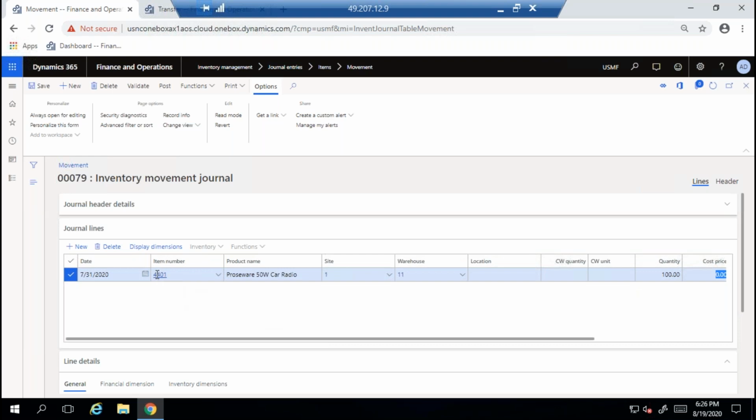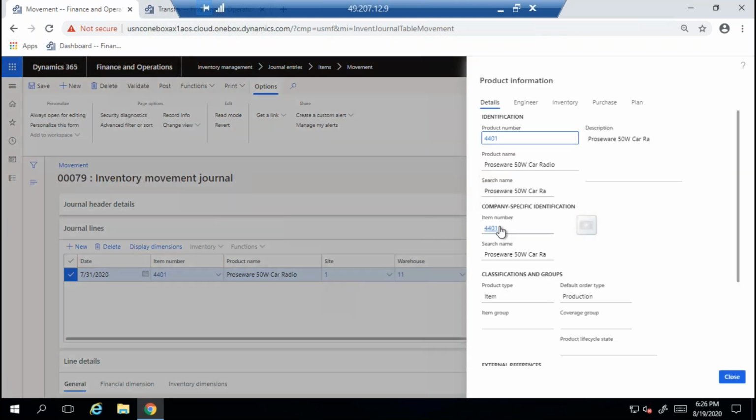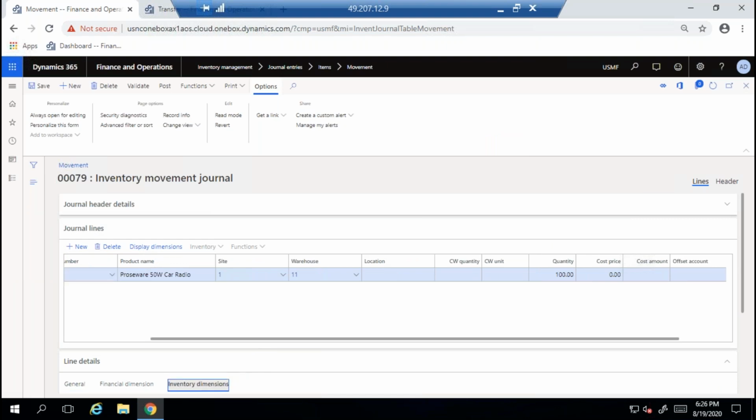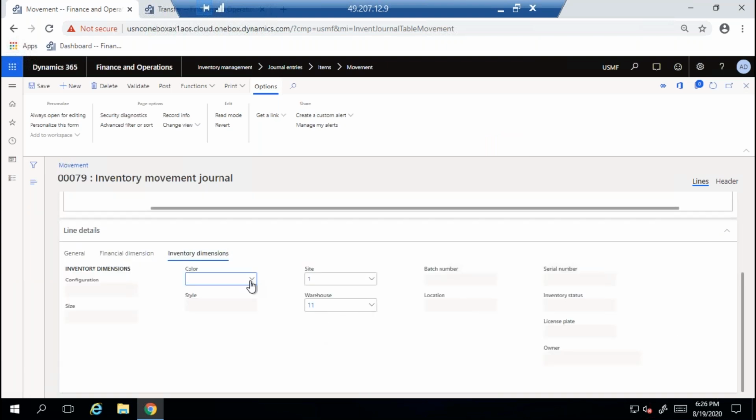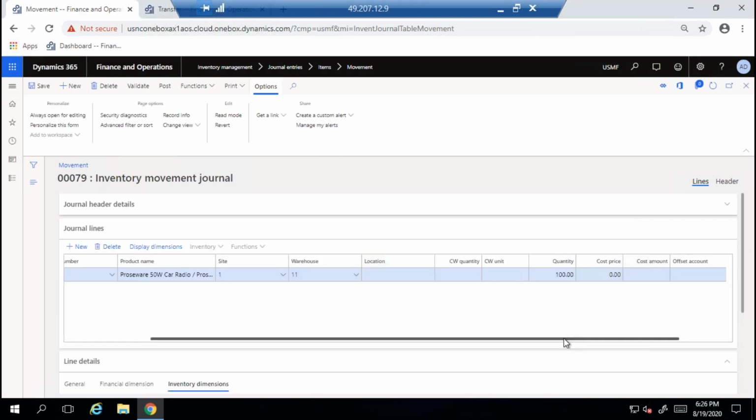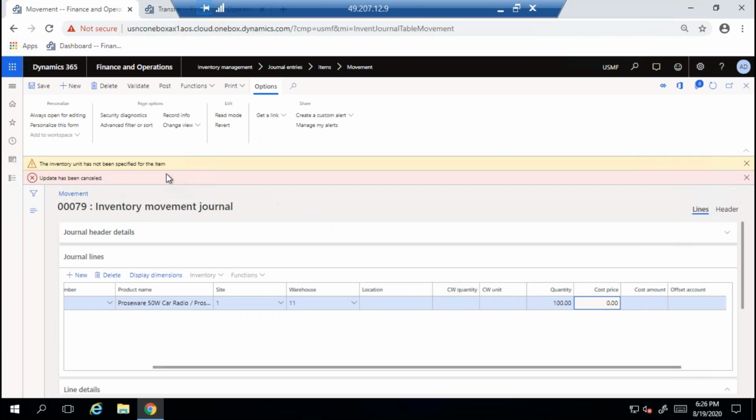The cost price should be populated automatically. Okay, fine, understood. Give me 1 second. I need to enter the color also. Suppose black, I'm entering. Let me verify whether the price is coming or not. It's not coming. Okay, first let me focus on the price.